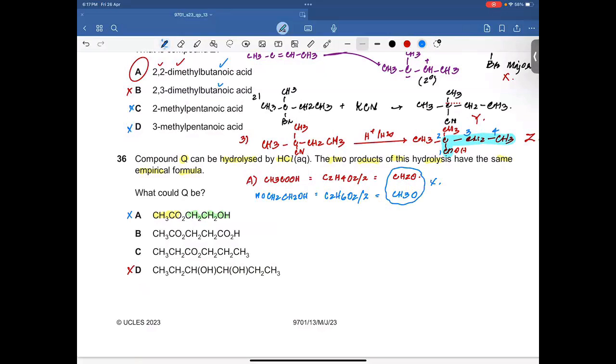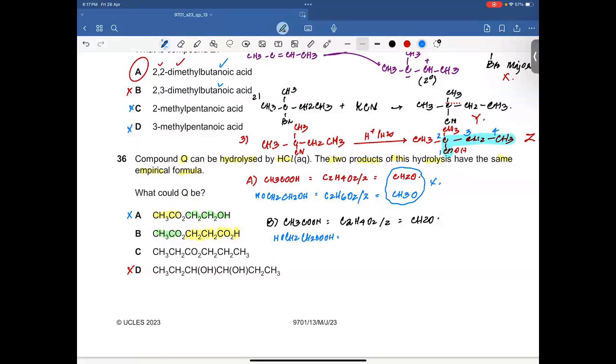Let's talk about option B. This is going to be the acid part, and this is going to be the alcohol part. So acid is going to be CH3COOH. Its empirical formula is going to be CH2O. Whereas alcohol is basically CH2OH, CH2, and COOH.